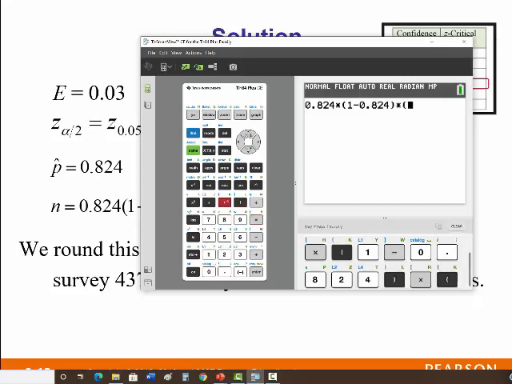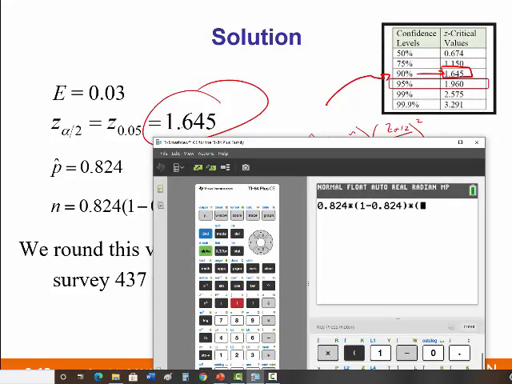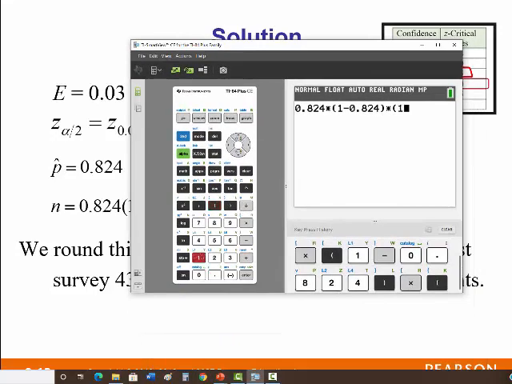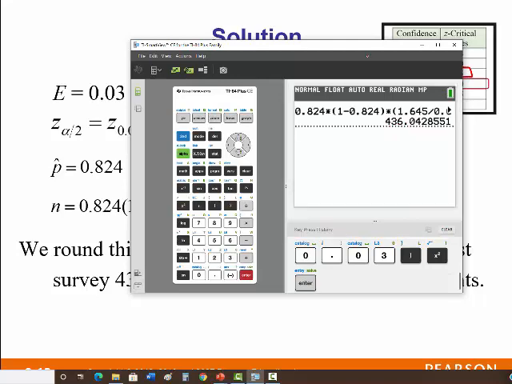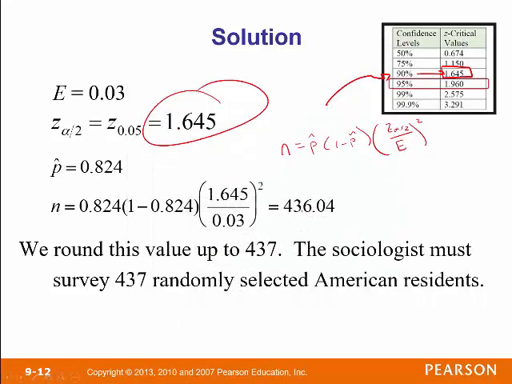Then times, we start a new set of parentheses, the critical value, 1.645, divided by the margin of error, which you need to change to a decimal, close the parentheses, and square it. You get 436.04. Because there's a little bit of a decimal, you always round this up. So the sociologist must survey 437 randomly selected Americans. This is just straight following the formula when you're given the previous estimate.